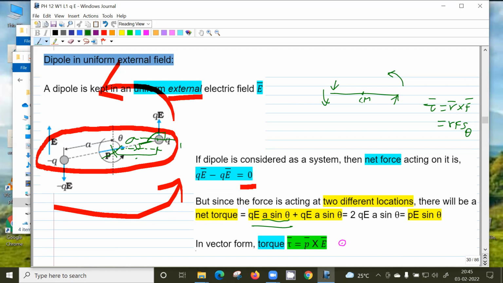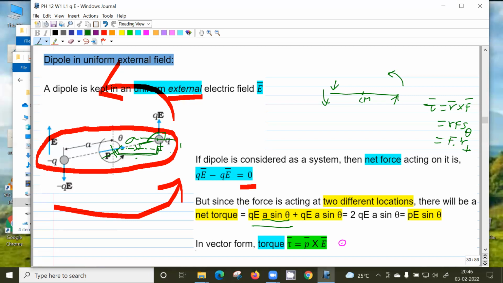So if you take this angle as theta, this is 90 minus theta. So I can write this as force into r sine theta, which is r perpendicular, the perpendicular distance from the force vector. So this is the force vector, and from the force vector the perpendicular distance is this one. That is A sine theta, because this angle is 90 minus theta. So A cos(90 minus theta) is A sine theta.